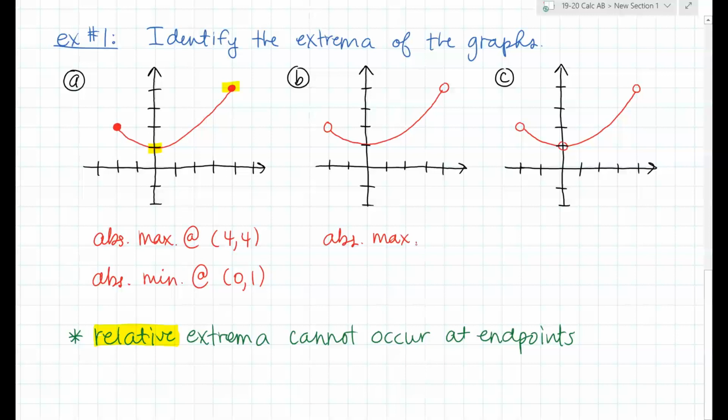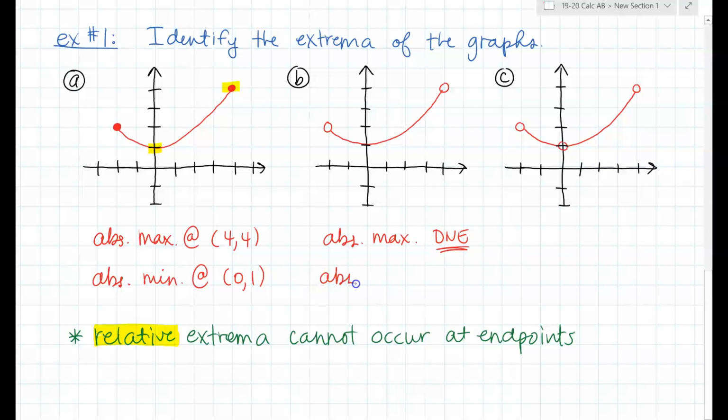At 4, 4? Now notice there is no point 4, 4 though. So you might say, oh, well, the point right before 4, 4. But then I'm going to say, well, what's that point? It's something that for us, we can't figure out. Since there's no point there, we're just going to say does not exist.